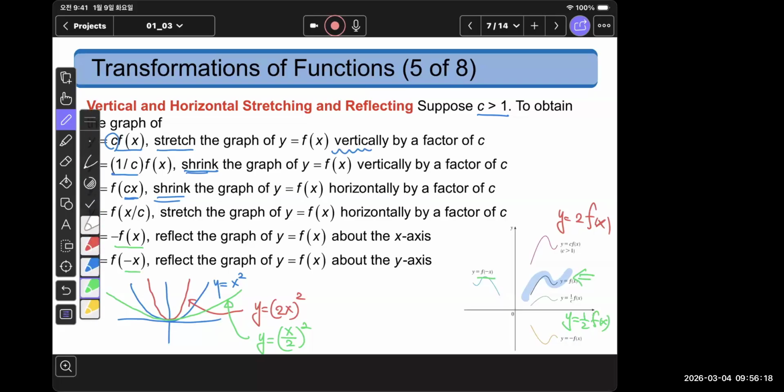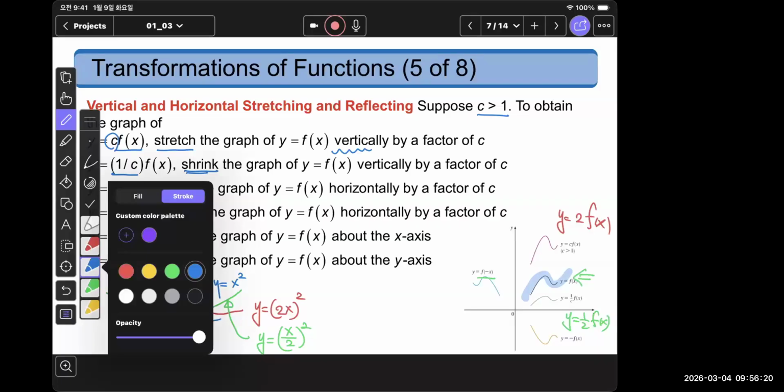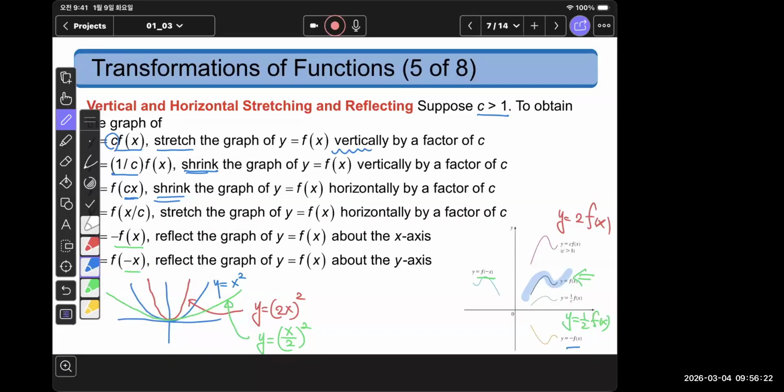And if you consider the graph of y equals -f of x, then you need to consider the reflection about the x-axis. So by combining these stretching, shrinking, or vertical or horizontal translation, you can draw the graph of almost any function you encounter in the calculus class, I guess.